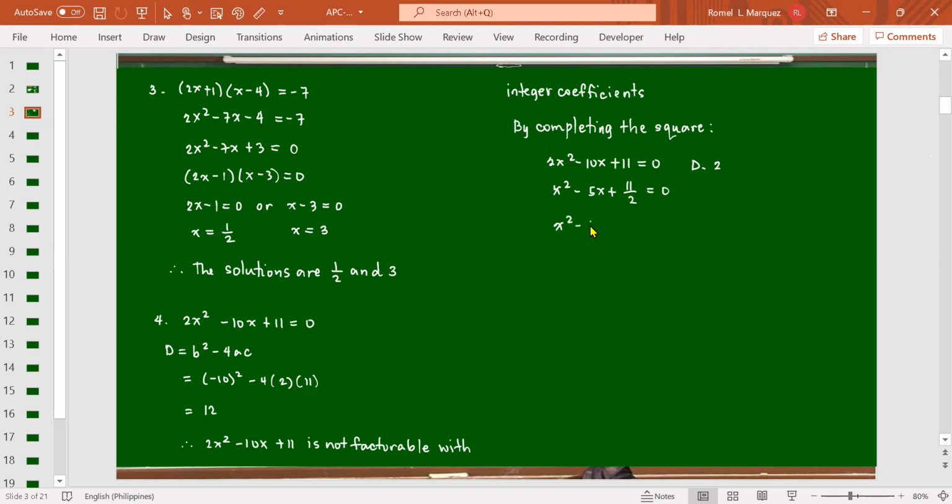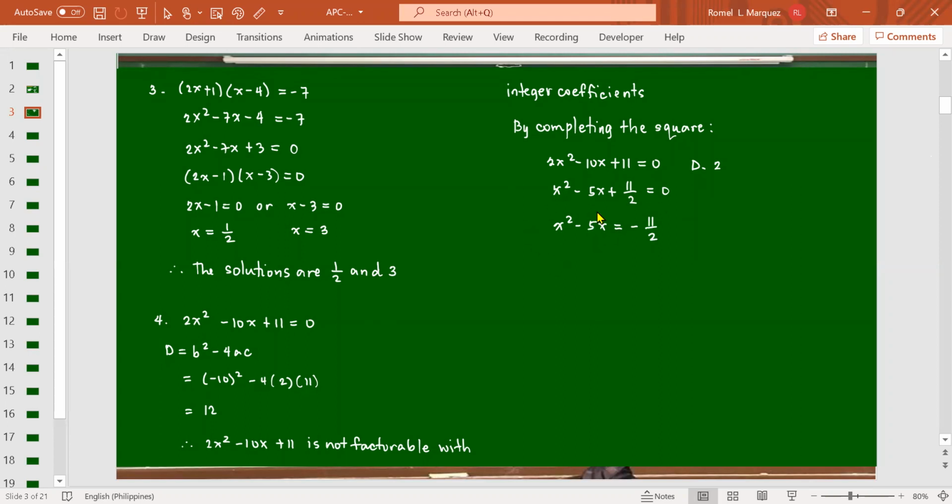Then the next step is to get rid of the constant term on the left side. So by adding negative 11 over 2 on each side of this equation. So getting negative 11 over 2 on the right side. And on the left side, x squared minus 5x.